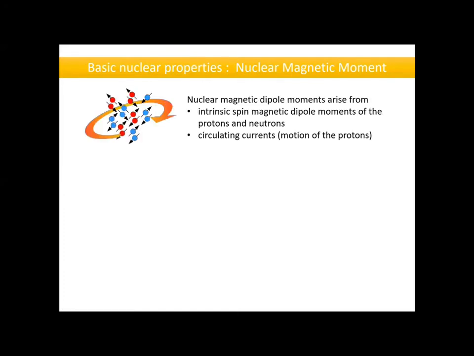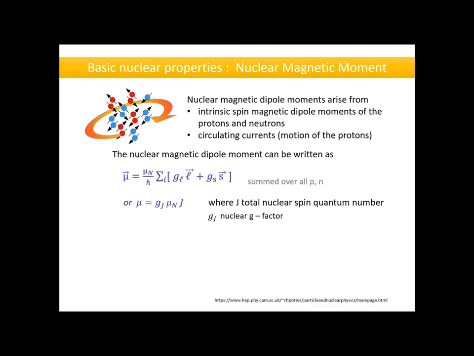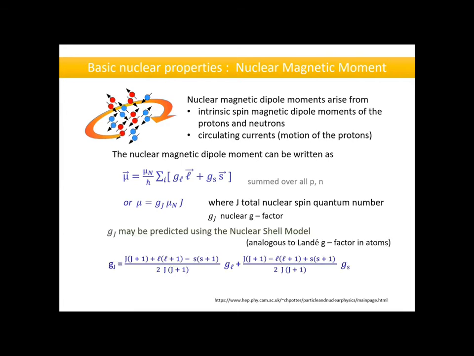So we know that nuclear magnetic moments arise from the intrinsic spin magnetic dipole moments of the protons and neutrons and the circulating currents, that is the motion of the protons. Now the nuclear magnetic dipole moment can be written as this. It is summed over all protons and neutrons, or can be written as mu equal to g J mu N J, where mu N is the nuclear magneton, J is the total nuclear spin, and g J is called the nuclear g factor.